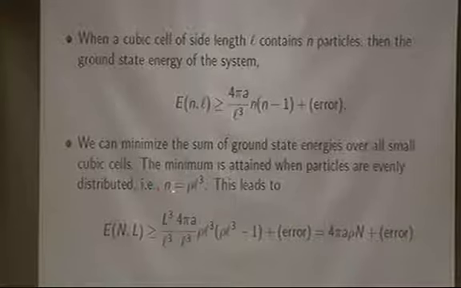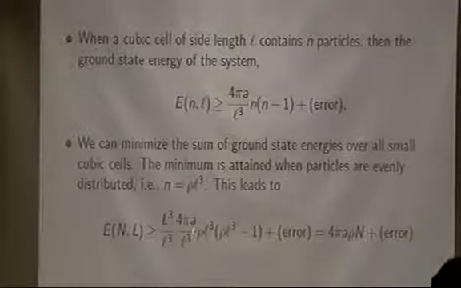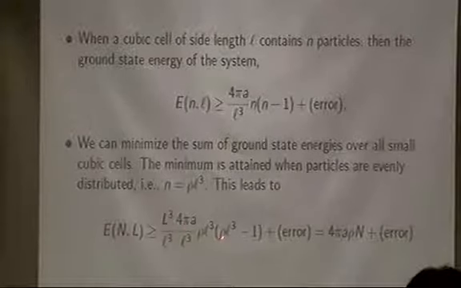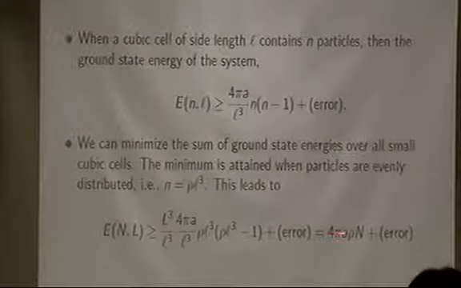So when n is rho times l cubed, where rho is the density of the whole large box, the total energy is L cubed over l cubed, the number of cells, times this 4 pi a over l cubed times n times ms1, but n is rho l cubed. If you calculate like this, rho l cubed cancels, and we have 4 pi a rho times L cubed, which is 4 pi a rho L. So again, the same result.